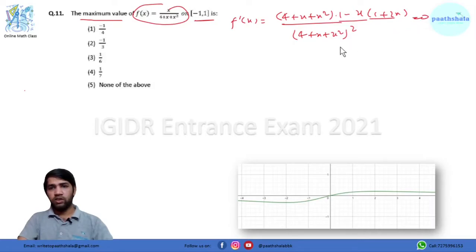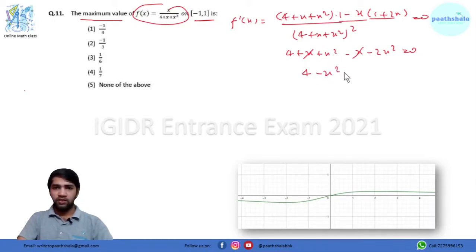Now equate it to 0. So here you will get 4 plus x square minus 2x square equals 0. So this will come out to be 4 minus x square equals 0. So x is coming out to be plus minus 2.